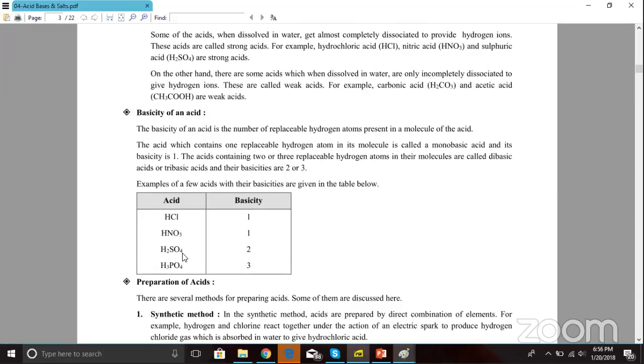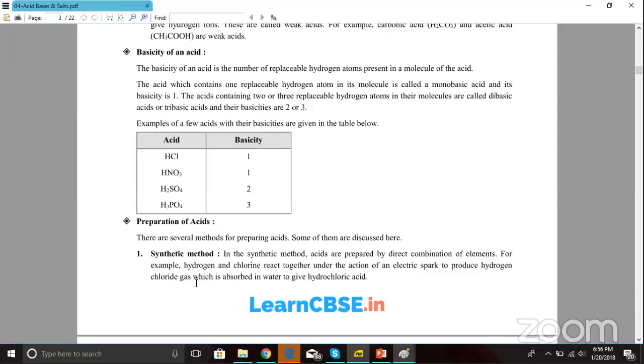H2SO4, sulfuric acid. There are two H plus ions present, so the basicity of the acid is 2. H3PO4. There are three replaceable hydrogen atoms, so we call it basicity 3, a tribasic acid.